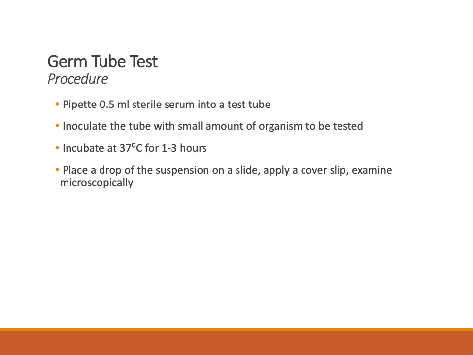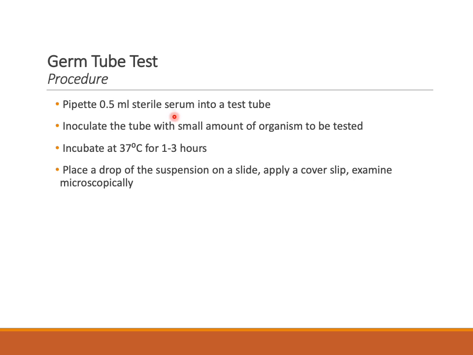Definitive diagnosis is based on a germ tube positive result. This is the procedure for the germ tube test. Add your test organism into a test tube containing 0.5 ml sterile serum.